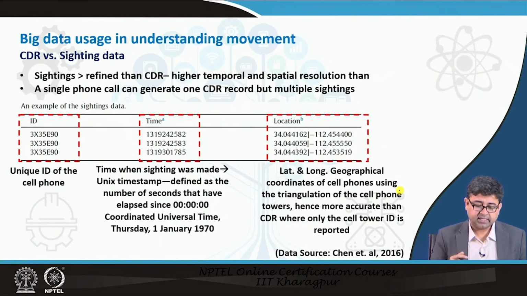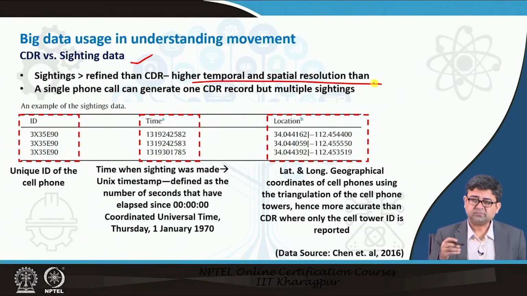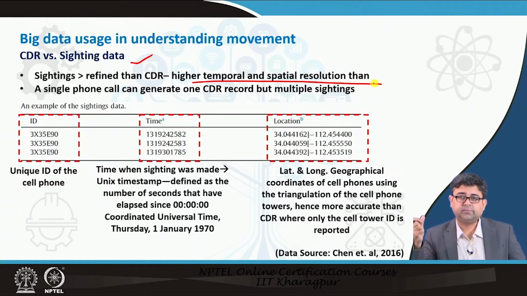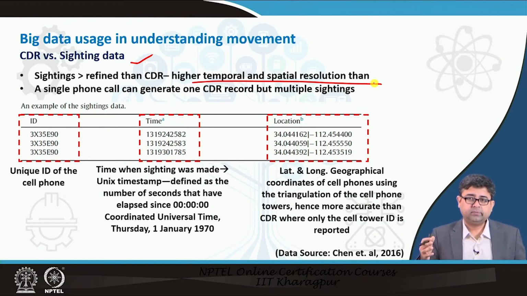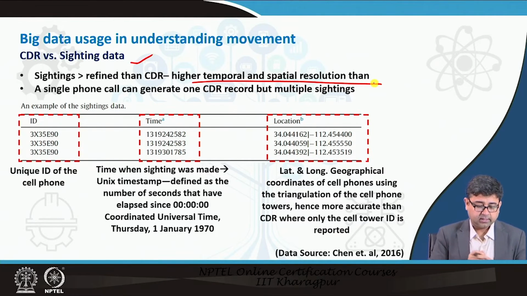So, those are sightings. Sightings are a little bit more refined than CDR and can do a lot of temporal and spatial resolution. CDR usually you have to make a phone call in order for you to locate the person. In this case, you do not have to make a phone call, you just have to have your GPS signal on in order to be able to track, right.